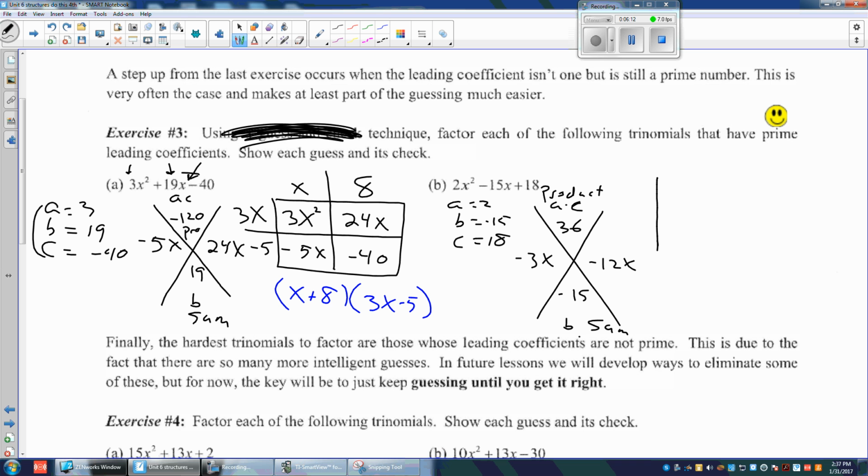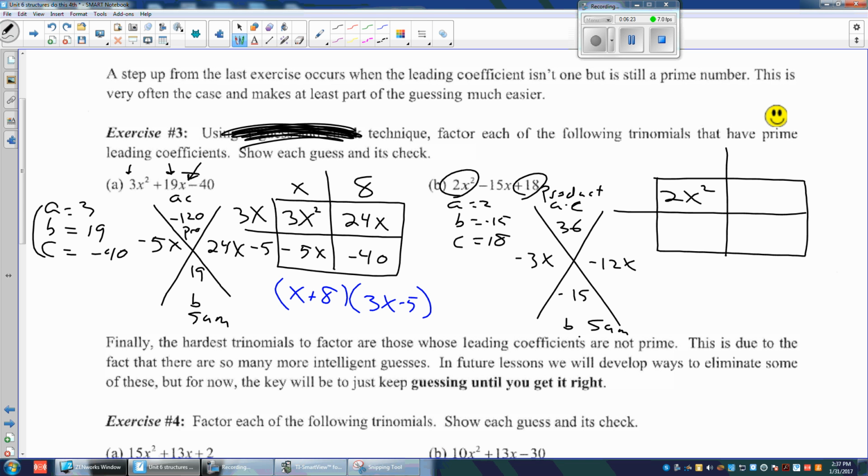Now we do our box. In the upper left-hand corner goes 2x squared. In the lower right-hand corner goes positive 18. And then, since they're both positive, it doesn't matter where we put the negative 3x and the negative 12x.